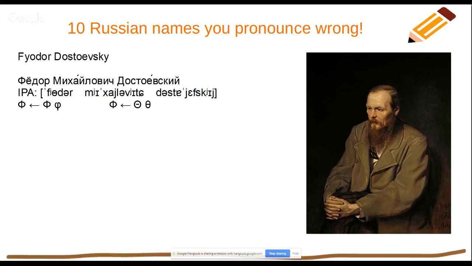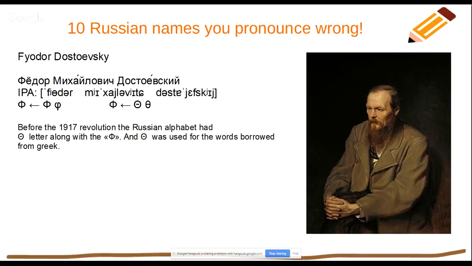Well, when words were transliterated into Russian from Greek, two letters in Greek were transliterated into Russian with letter F. This is letter Phi and letter Theta. Before the revolution in Russia, we had a bit different alphabet, and we had a few other letters, and one of those was Theta, the Greek letter Theta, basically.